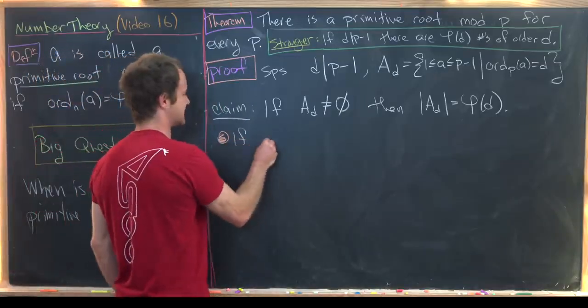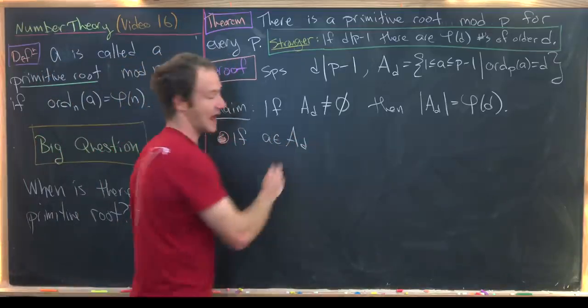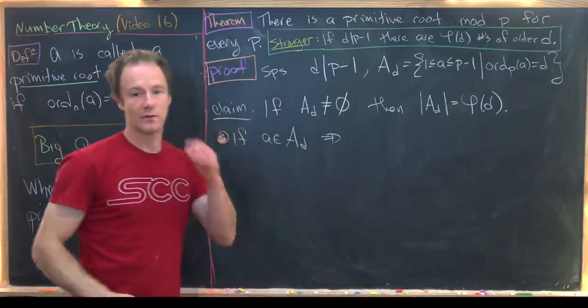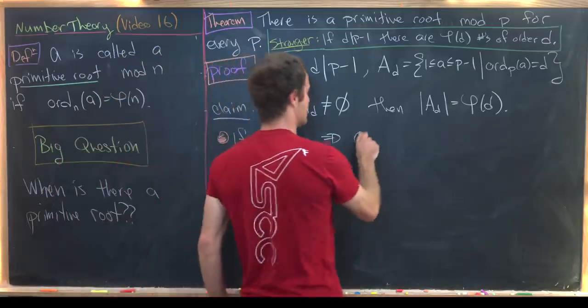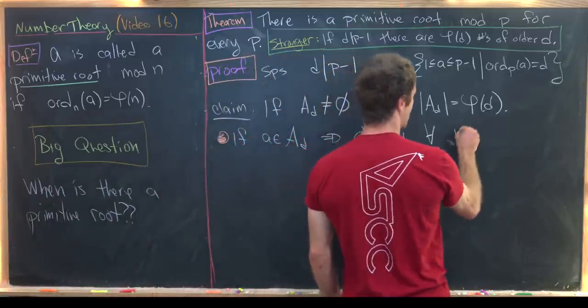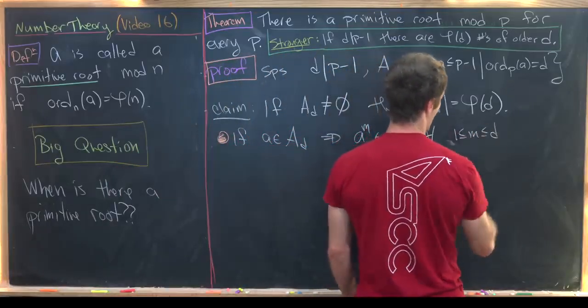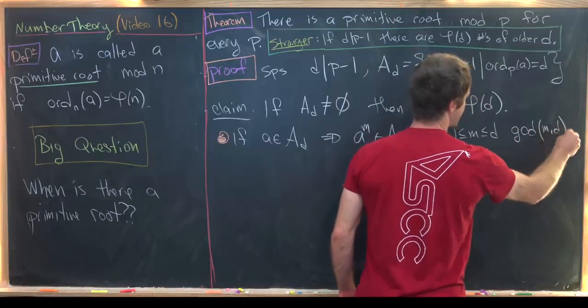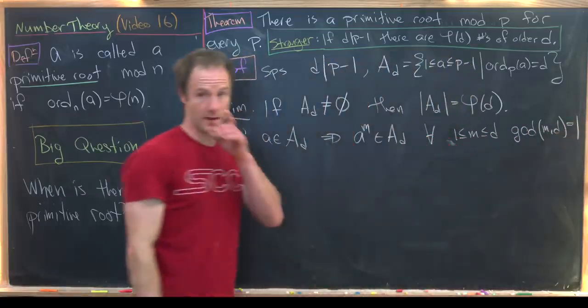So let's notice that if a is in A sub d, then that tells us that we know a to the m is in A sub d, and that's going to be true for all m between 1 and d, where the GCD of m with d is equal to 1.